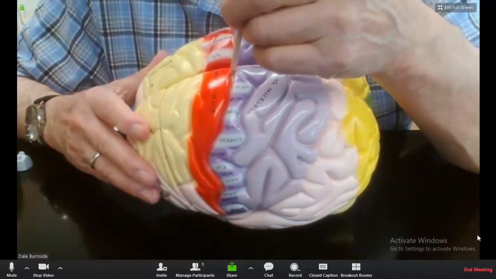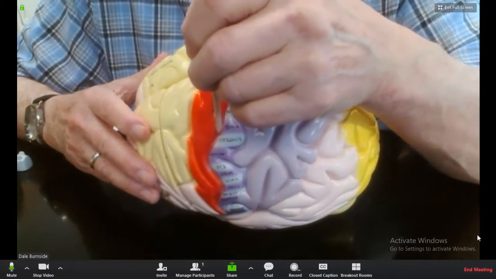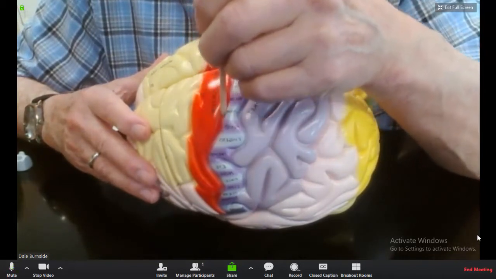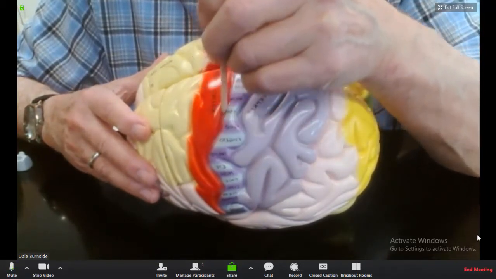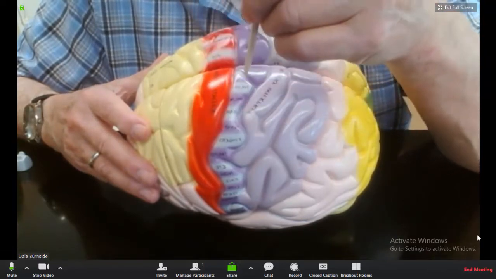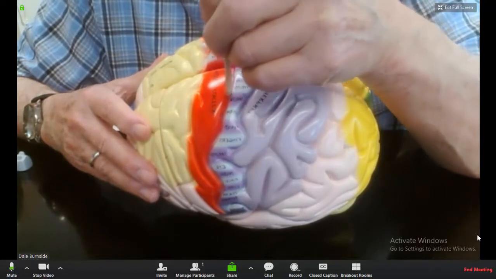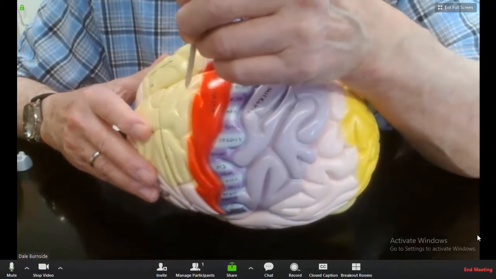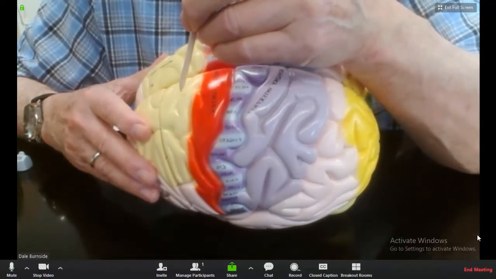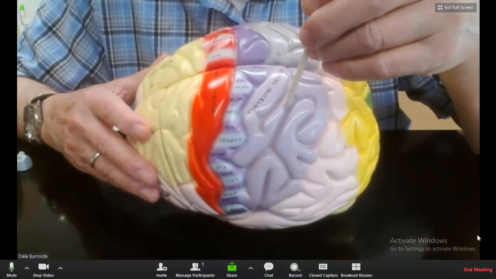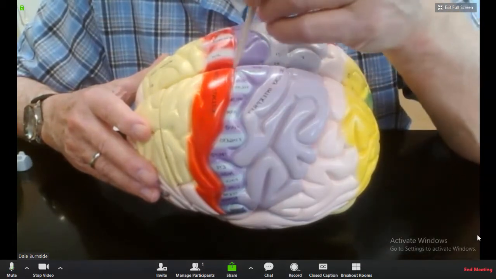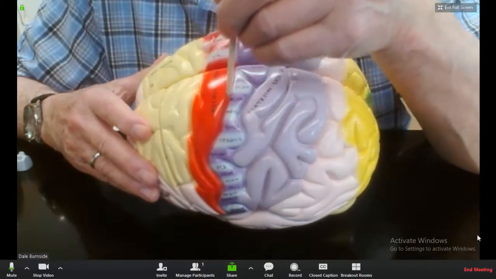And the low regions, the depressed regions, are called the sulcus, and then the high regions are called the gyrus. This sulcus right here separates the frontal lobe from the parietal lobe, and it's called the central sulcus.